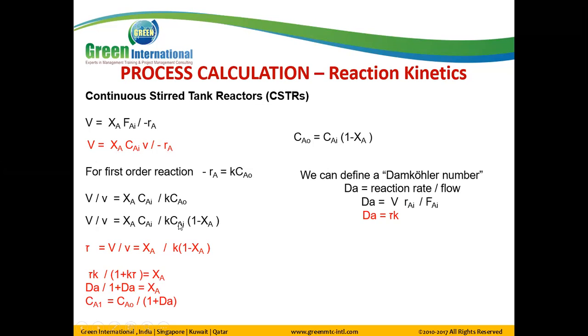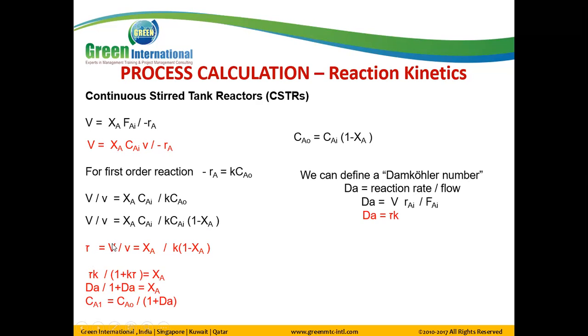We can substitute this into the equation. V divided by small v, capital V being the volume of tank and small v your volumetric flow rate, is called tau.